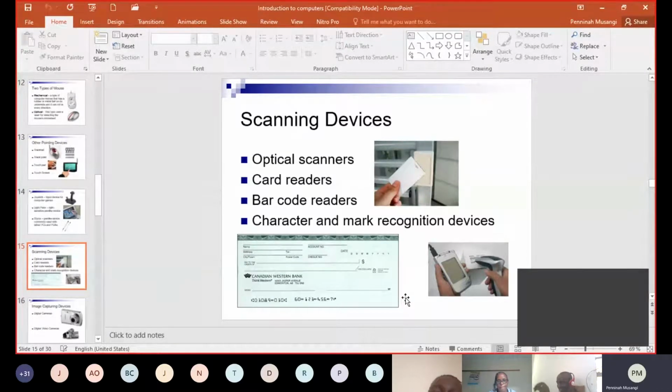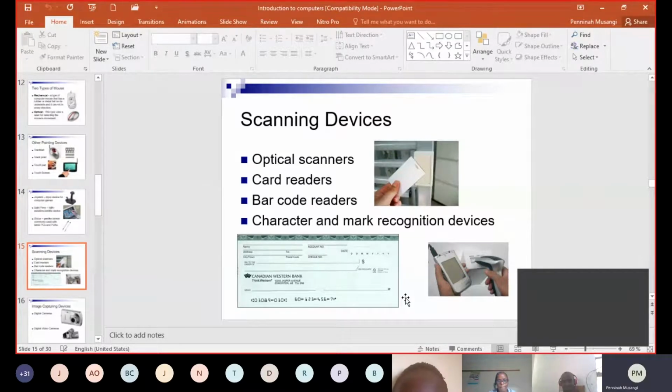You as a human being are not able to see, decipher, or understand what those barcodes mean. For them to make sense, you have to use a barcode reader, which reads the barcode to give you instructions. So that's a barcode reader.